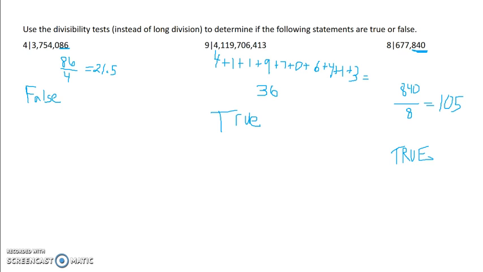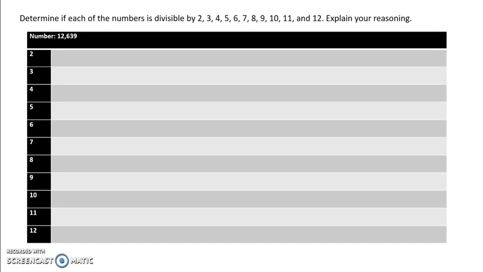Okay, let's look at another number, and we'll see if it's divisible by 2, 3, 4, 5, 6, 7, 8, 9, 10, 11, and 12. Let's look at 2. Is the number 12,639 divisible by 2?